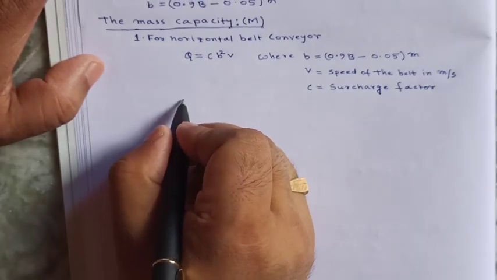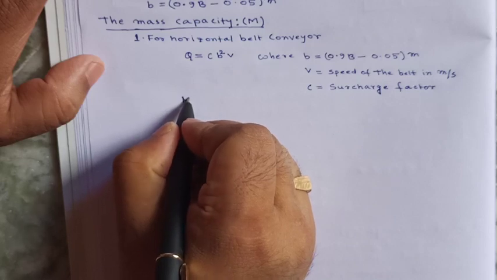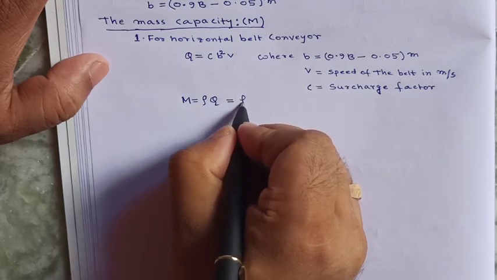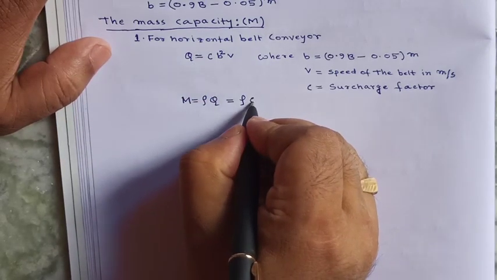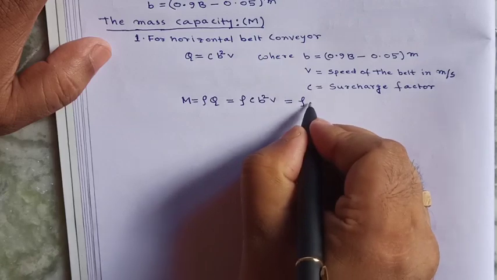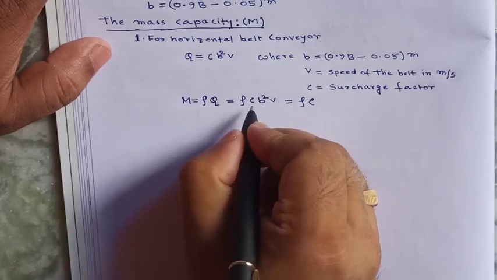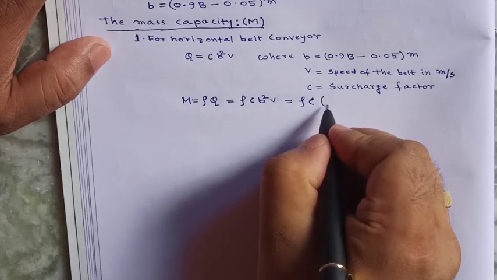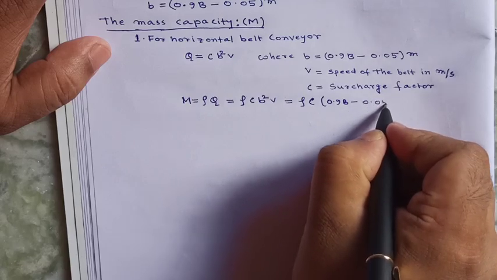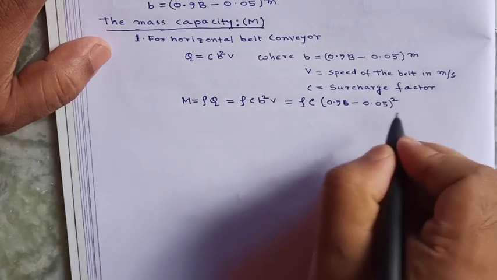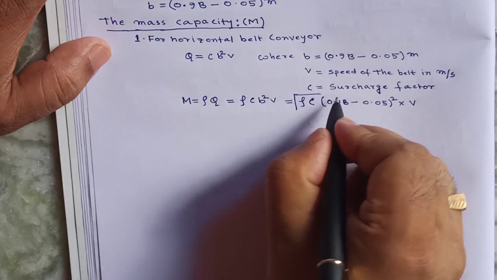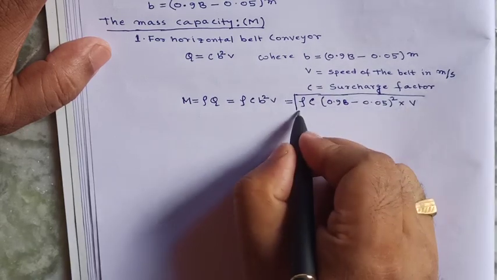So mass capacity will be M equals rho Q. This equals rho, putting this value, C B square V. This equals rho C b square, which is (0.9 capital B minus 0.05) whole square, into V. This is the mass capacity of the conveyor.